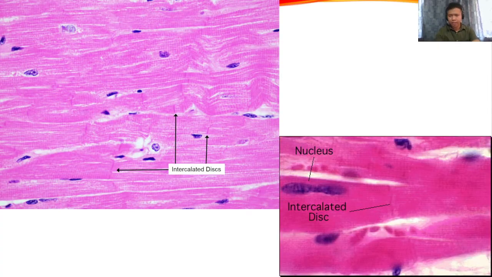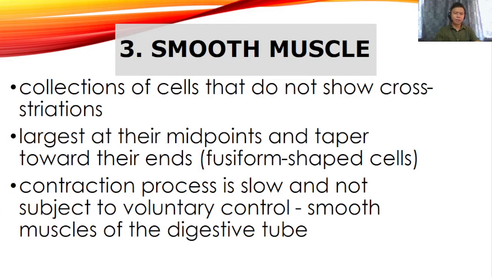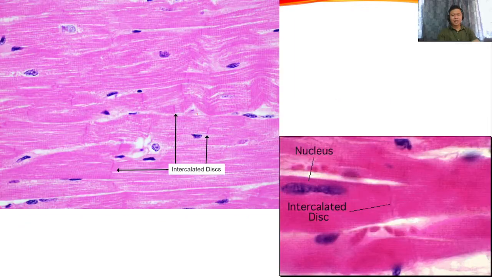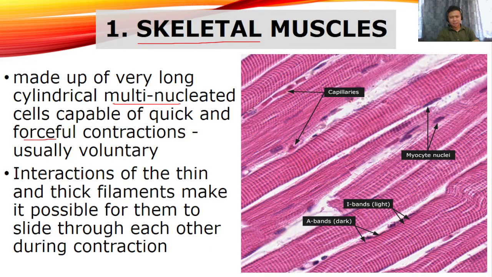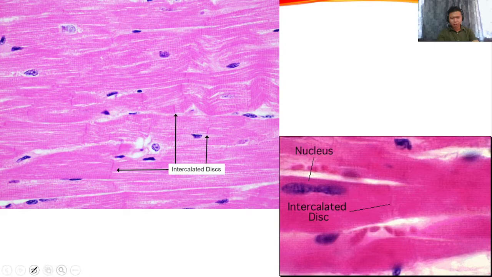Moving forward, let's have the smooth muscle, the last type of muscle tissue. They are made up of collections of cells that do not show cross striations, unlike the cardiac and skeletal muscles, which have striations. When we talk about striations, there is a parallel arrangement of muscles. These are what we call striations, found in the skeletal and cardiac muscles.